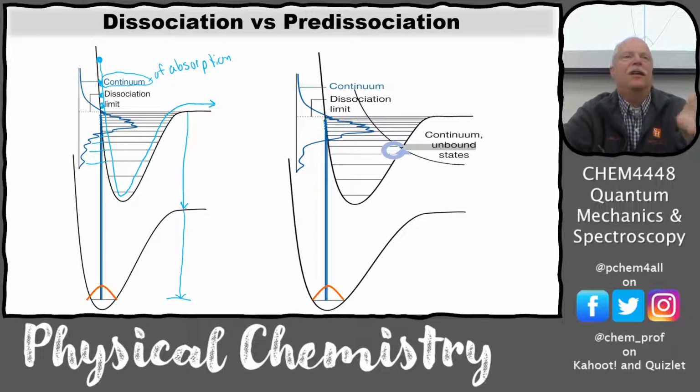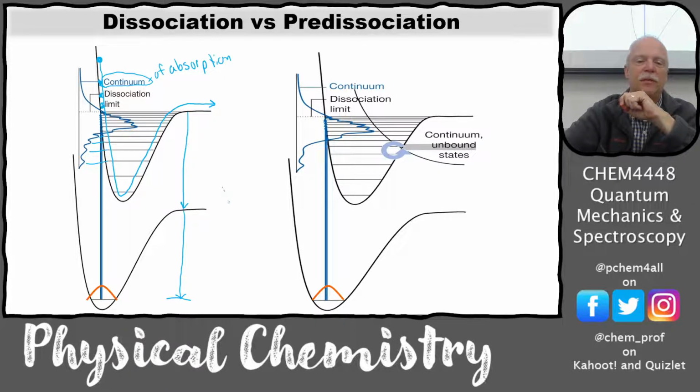So that's how we calculate a lot of our bond energies, is we look to see how much light it takes to break the bond, to reach that dissociation limit. And then if we know what this difference is, because maybe this went to two atoms, A plus B, and this went to A plus B star.